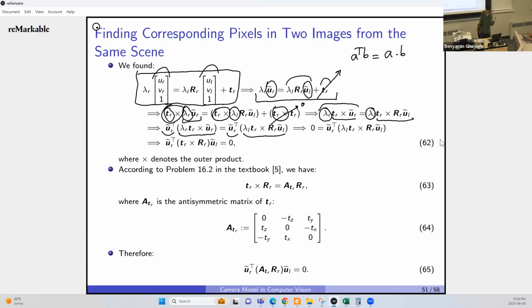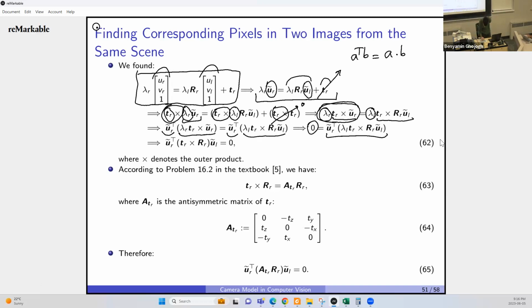Whenever you have something outer product of a vector, it's perpendicular to that vector. So TR outer product UR tilde is perpendicular to UR tilde. Therefore, its inner product by UR tilde is 0. Inner product of two perpendicular vectors is 0. I want to get rid of this pain in the neck term, therefore I use UR tilde transpose. So this becomes a scalar 0, because the result of inner products is a scalar.